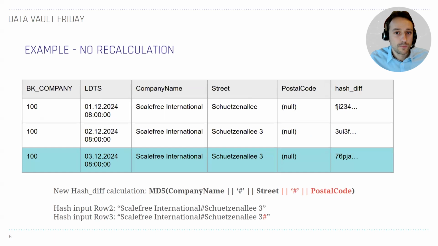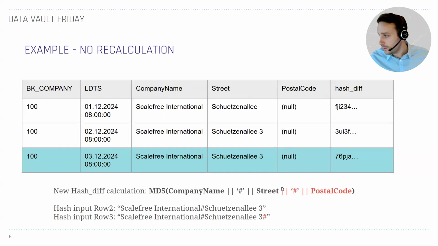So now, if we add a new column to the satellite structure, in this case, it's the postal code, right? We add this column, but the source system never delivered any data for this new column in the past. It is set to null for the two past records. And the new attribute causes a new logic for the hash diff.